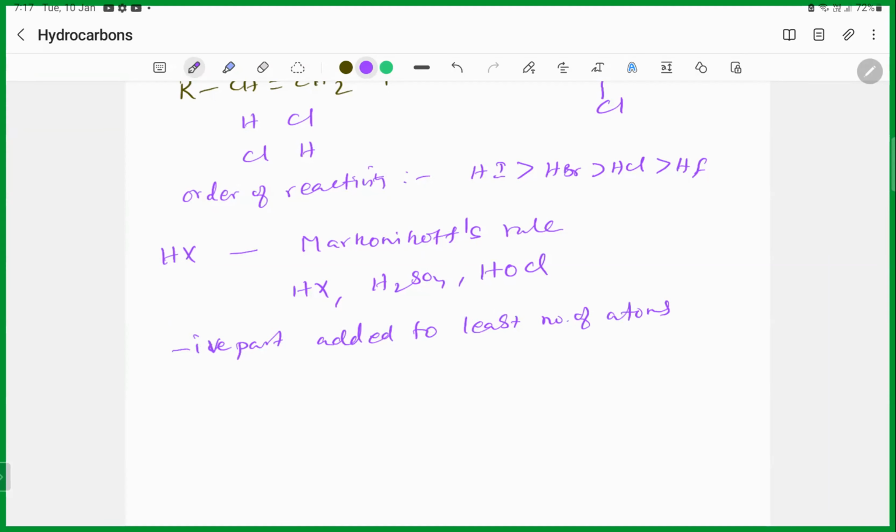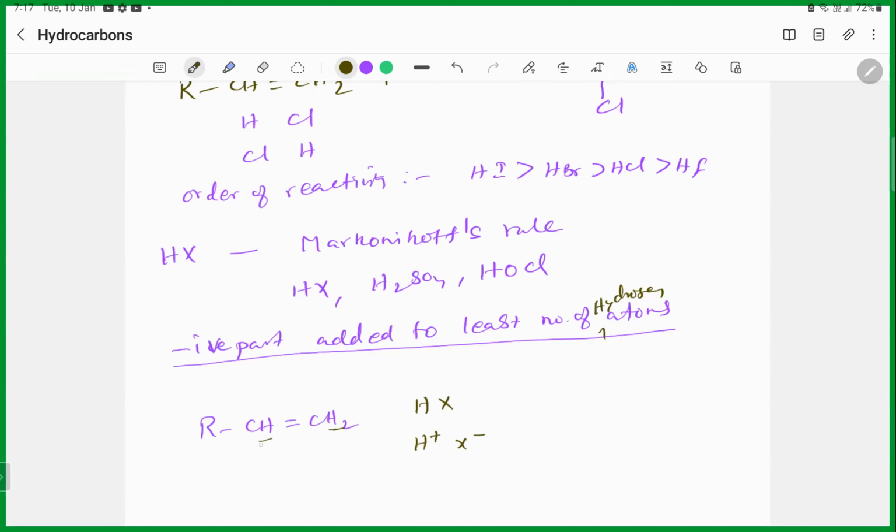Okay, so this is the Markovnikov rule statement. When you have R CH double bond CH2 and you are adding HX, so H plus and X minus, what does the statement say? The negative part is added to the carbon with the least number of hydrogen atoms. Look here, you have RCH double bond CH2. Here two hydrogens are there, here one hydrogen is there.